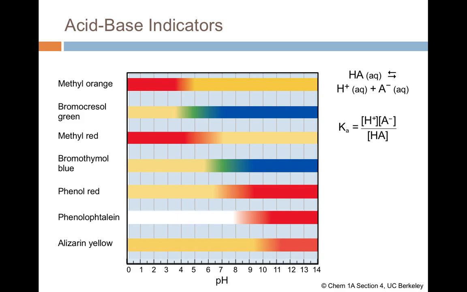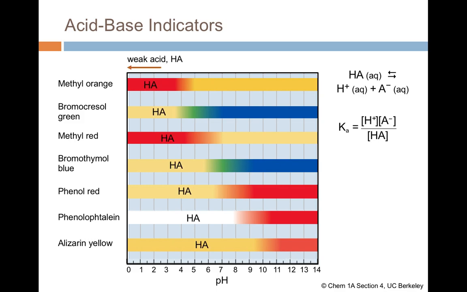Another really useful application of buffer solutions that is not quite as life and death is the use of buffer solutions as acid-base indicators. Acid-base indicators are substances whose weak acid form has a different color than their conjugate base form.